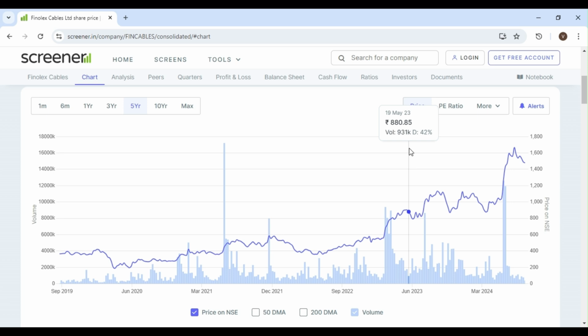Here the price will change daily, whereas the EPS will change only at the quarterly results. So EPS is important, because price will vary according to the situation and current trend.